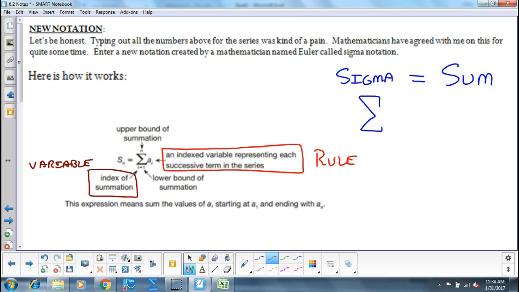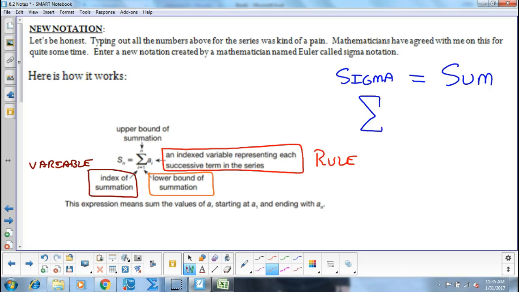Then there's going to be a number. And that number, the first number on the bottom, is called the lower bound. Okay? It is not your first term. What you do with the lower bound is it's a number that you plug in to the rule to get your first term.